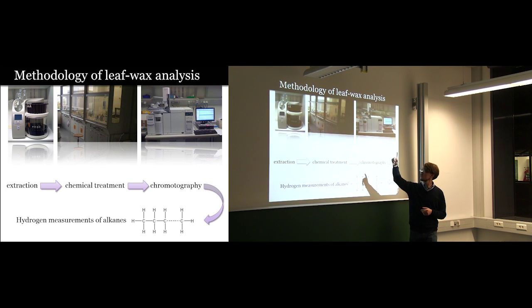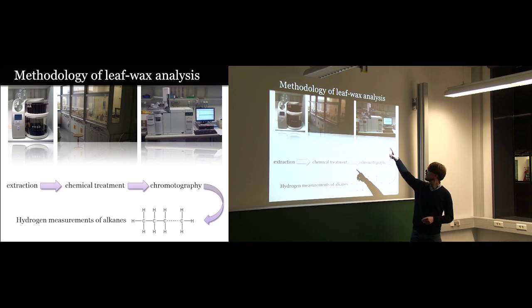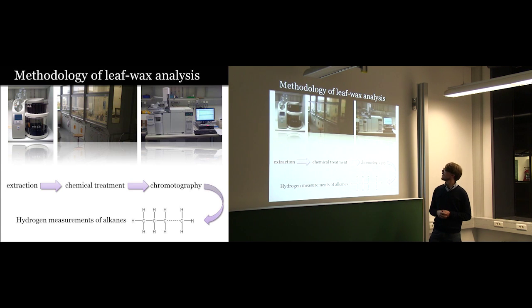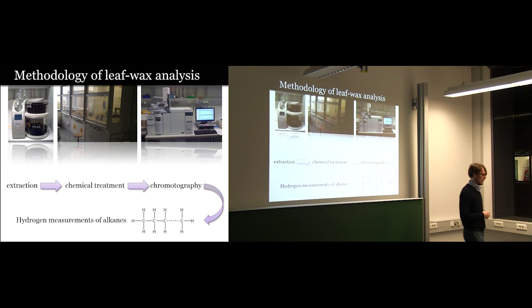Then you have to do some chemical treatment where you separate the different biomarkers, so you have a clean fraction with only n-alkanes in it. Then you quantify your n-alkanes using GC-MS, so a chromatography, and then you measure on a mass spectrometer the hydrogen isotopic value of the hydrogen that is attached to the carbon.